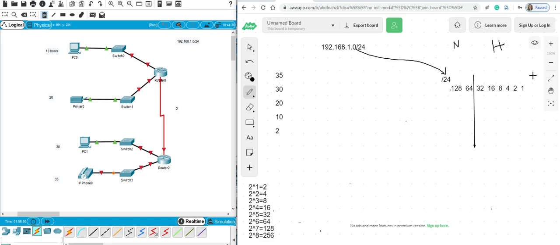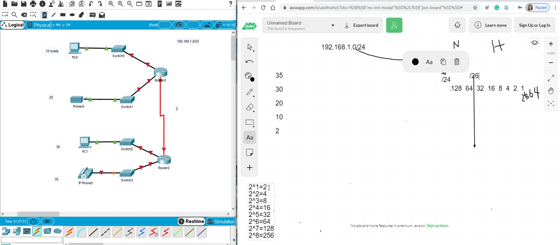So we have 2 to the 6 over here on this part for the first one, and we already said that gives us 64. That was that first one. So if we have 2 of those bits that are used for the network side now, this line up here extends out to the /26.